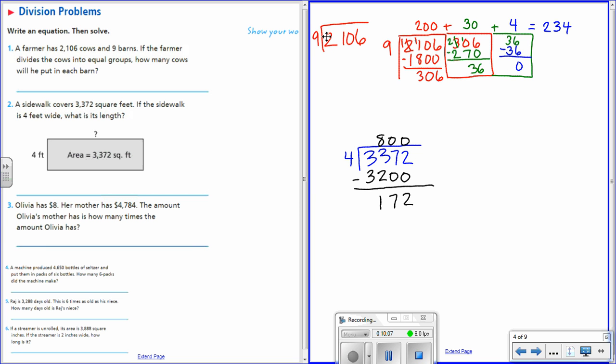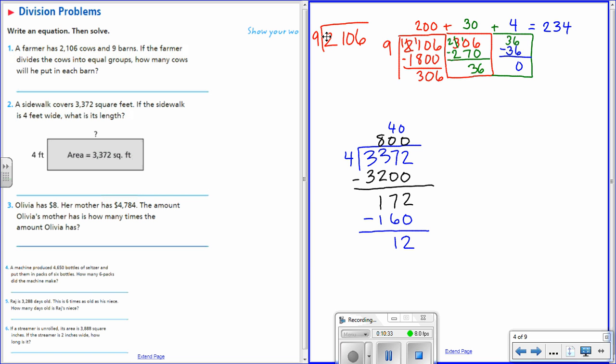So 4 times 4 is 16. So 4 times 40 would be 160. 4 times 5, or 50, would be 200. That would be too much. So I'm going to go with the 40. Subtract 160.